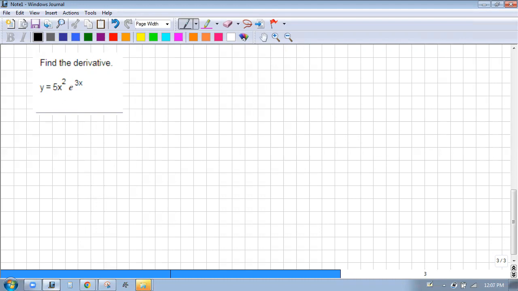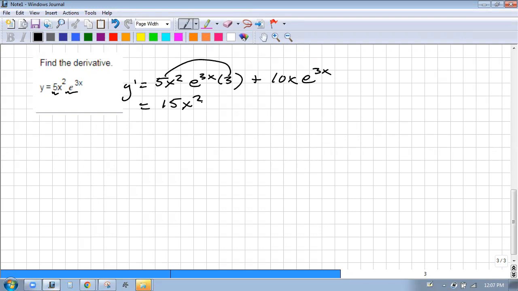Here we go, find the derivative. So we got a function times a function. So we have to do the product rule. So we have the first function times the derivative of the second plus the derivative of the first function times the second. Of course, they're going to want you to multiply the 3, 5, and do this.